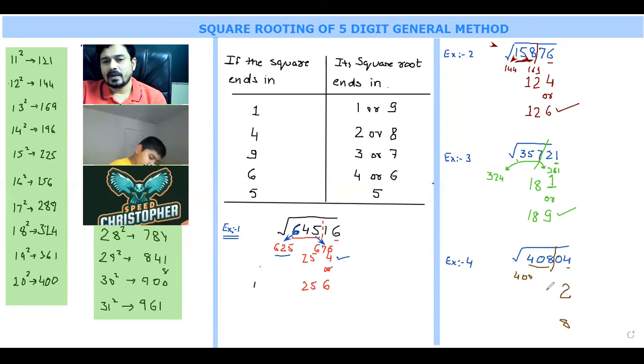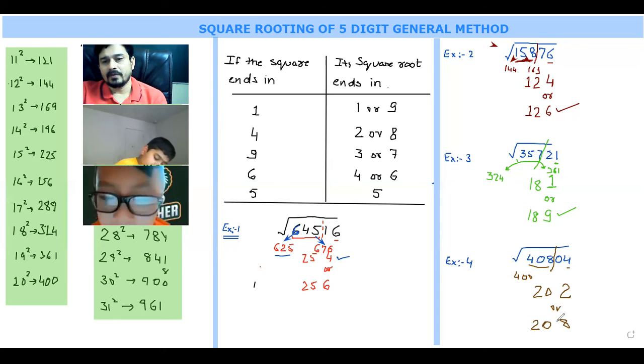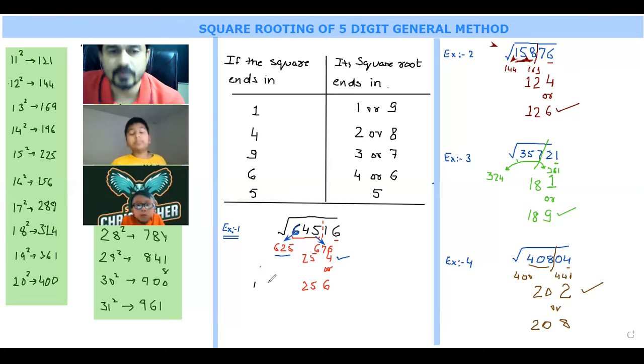The square root of 400 is 20, so I will write 20 over here. Now the answer is one of the two, that is 202 or 208. We will now write the perfect square greater than 400, which is 441, that is 21 square is 441. Now 408 is closer to 400, that is the smaller of the two. So the smaller of the two is going to be the answer. Right? Clear? Yes. Good. Please note it down.